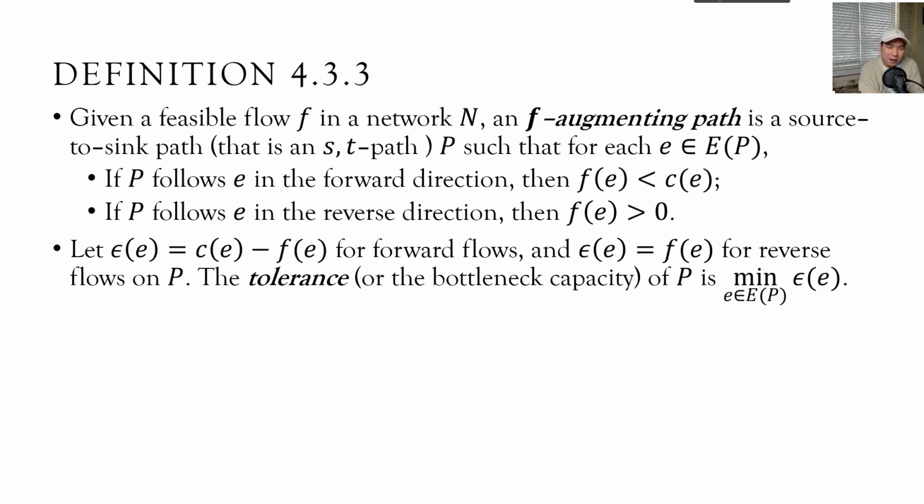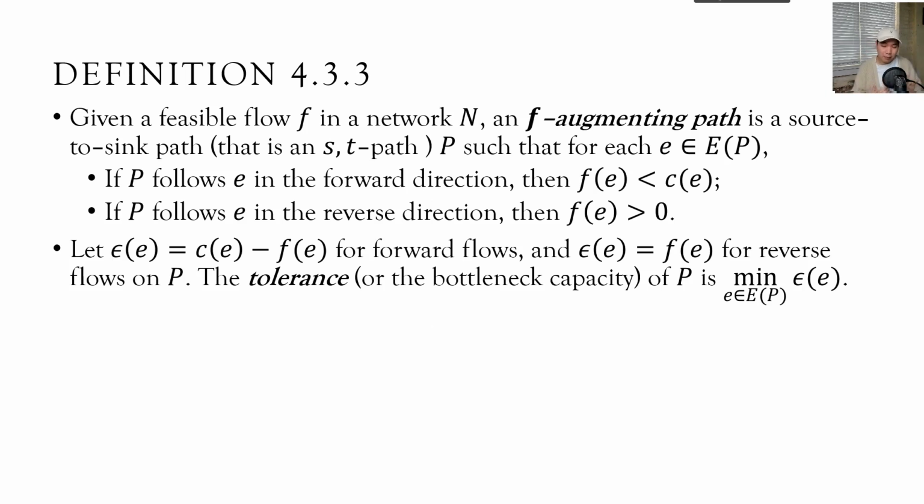Now, sometimes you might hear me say, or other people say, the bottleneck capacity. One way that we can think about this is that epsilon is essentially our excess capacity. Here we see that it's capacity minus F. The tolerance of the path will be my bottlenecking capacity, meaning if I go along all of these edges along my path, how much excess capacity do I have remaining among all of my edges?